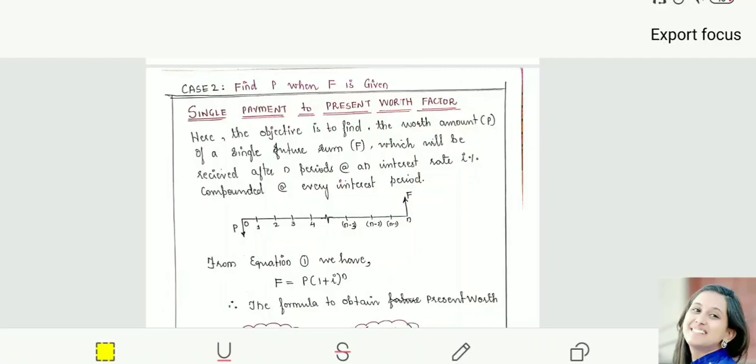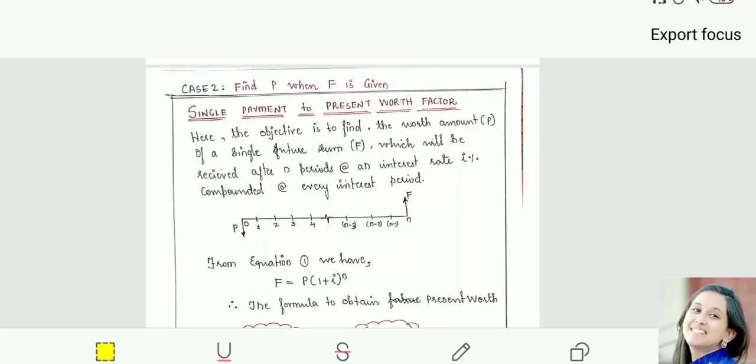So what we are doing then is finding out the present worth of the amount he wants, plus the bank is adding a rate of interest to that amount, so at the end of n years he gets that amount. You are finding out how much today's value you have to invest.